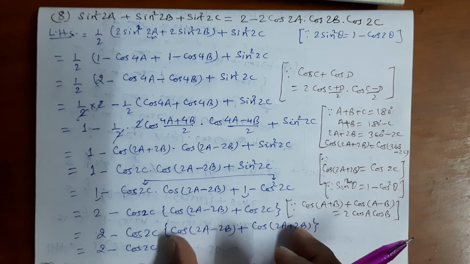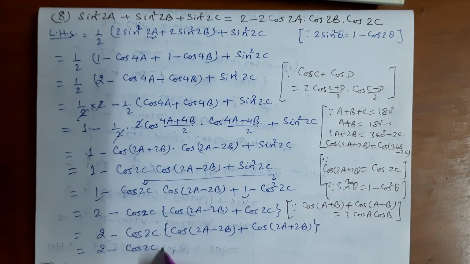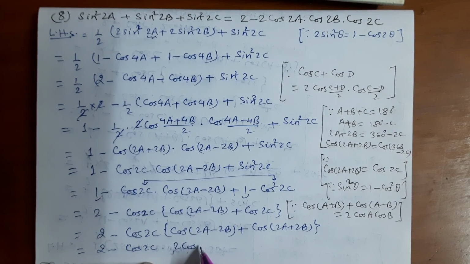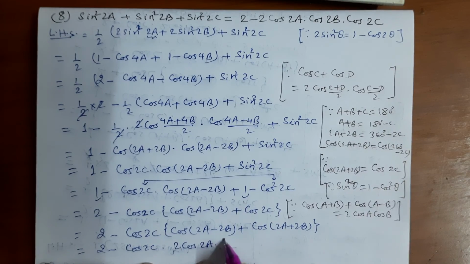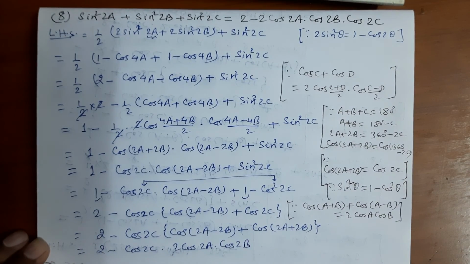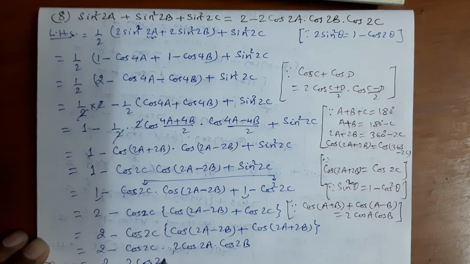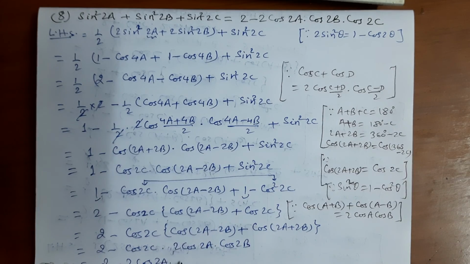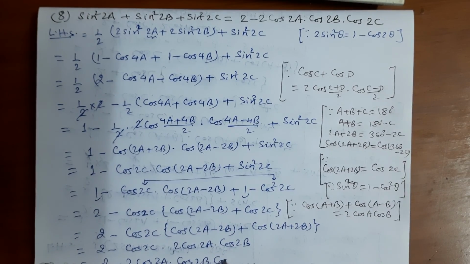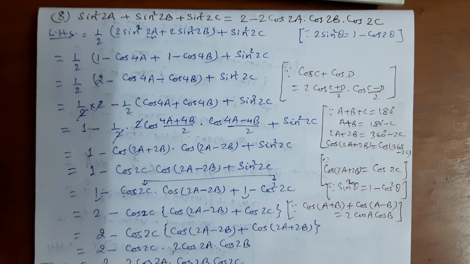So using this formula, it becomes 2 cos 2a times cos 2b, and in this way this equals 2 minus 2 cos 2a cos 2b cos 2c, which is the RHS.